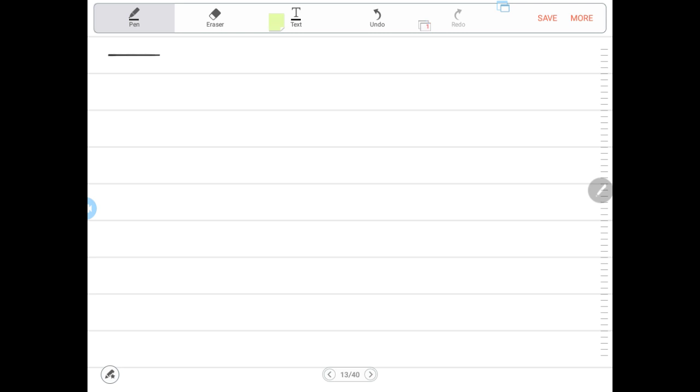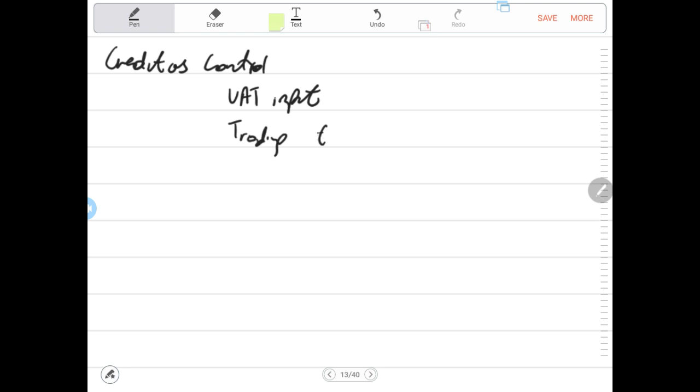When we return, we have to make sure that we debit our creditors control. When we return, our liabilities will decrease. Then I will have VAT, which I still always classify as input VAT. Then this will be trading stock. We have less stock on our side because we returned it.